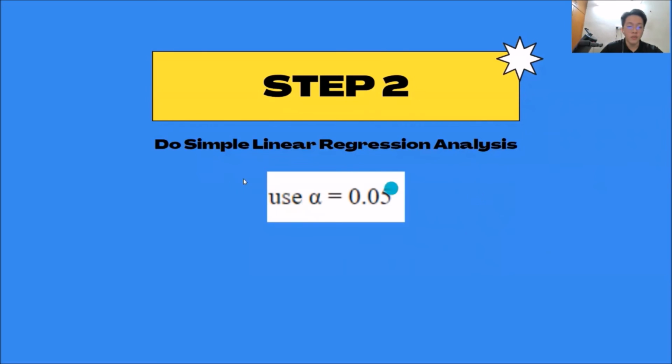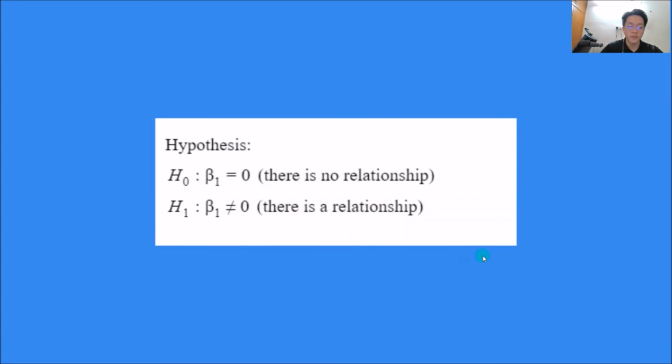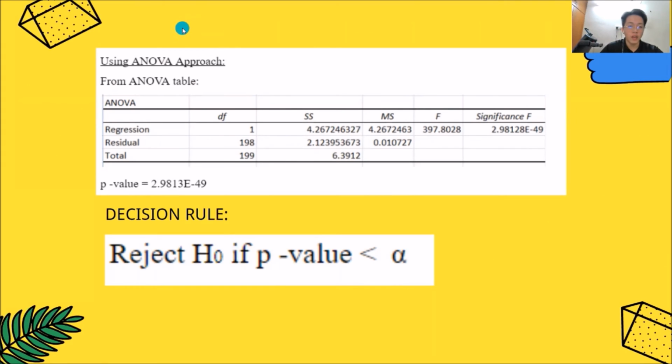So to test the validity, we will do the simple linear regression analysis. For this analysis, we will use alpha equal to 0.05. This is our hypothesis. For our group, we are using the ANOVA approach. From the ANOVA table that we get from the summary output of Excel, we can see that our p-value is 2.9813 times 10 to the power of negative 49, which we can get from the significance F. So for the decision rule, we will reject the null hypothesis if the p-value is smaller than alpha.